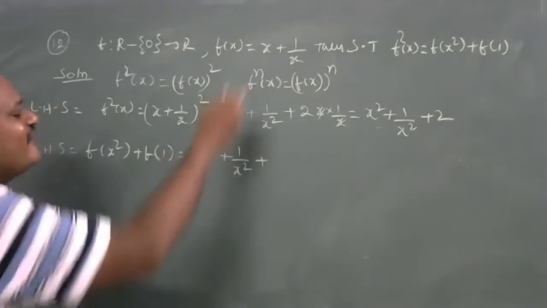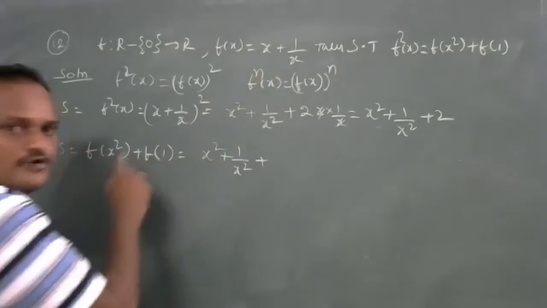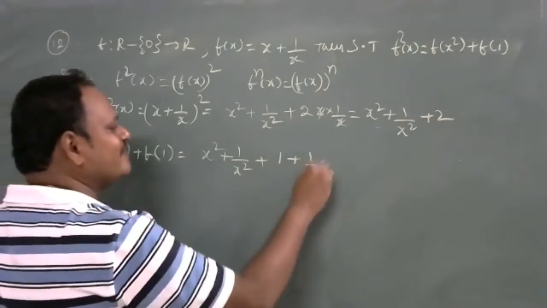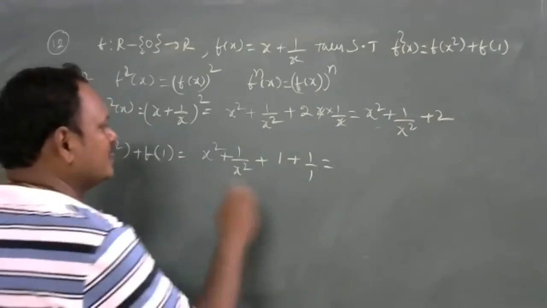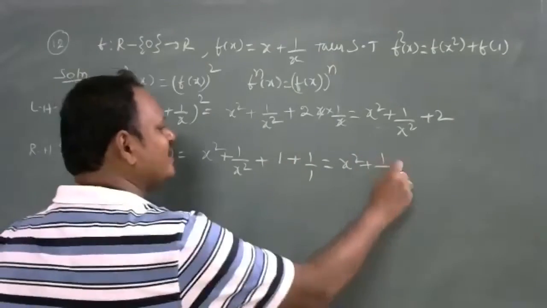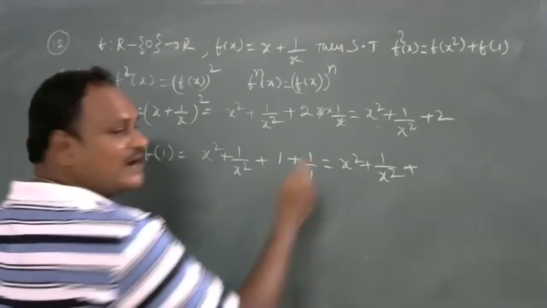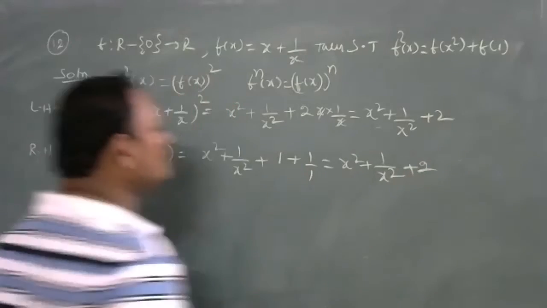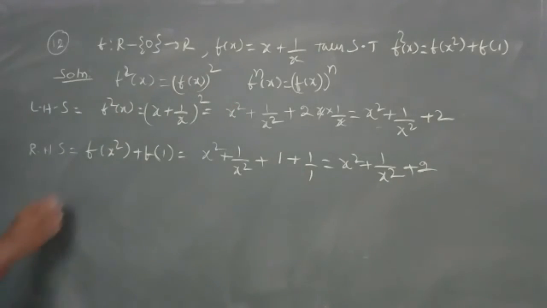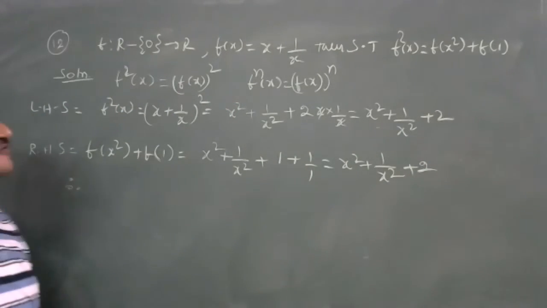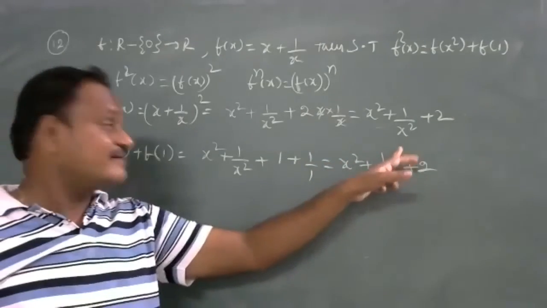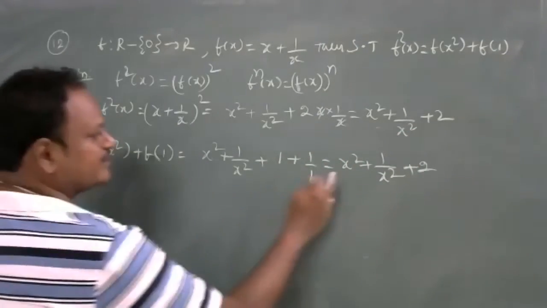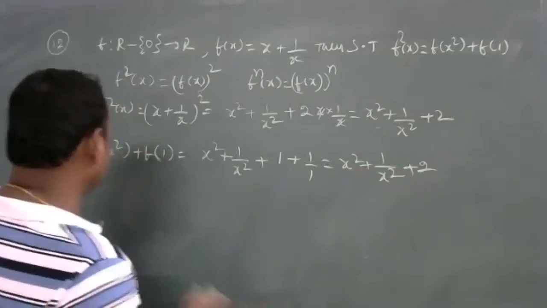And f of 1. f of 1 means wherever x is there, you replace it by 1. That's why 1 plus 1 by 1. Wonderful. Now this is x square plus 1 by x square plus 1 plus 1. What is 1 plus 1? We have got 2. Therefore, on the left hand side we have x square plus 1 by x square plus 2, and on the right hand side also x square plus 1 by x square plus 2.